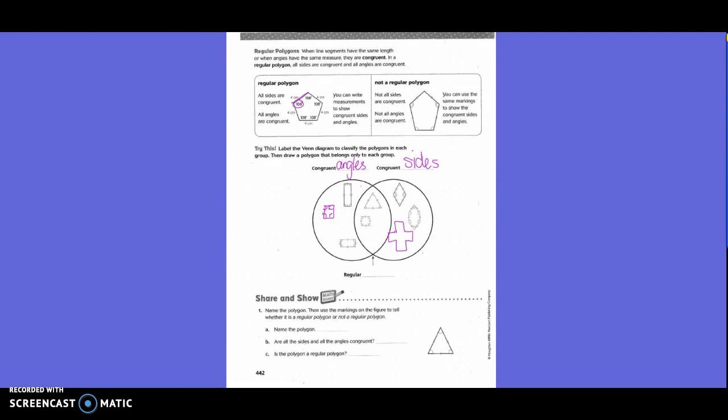Regular polygons. So we could even, if they have a triangle, a square, could we do, like they did up here, a pentagon?